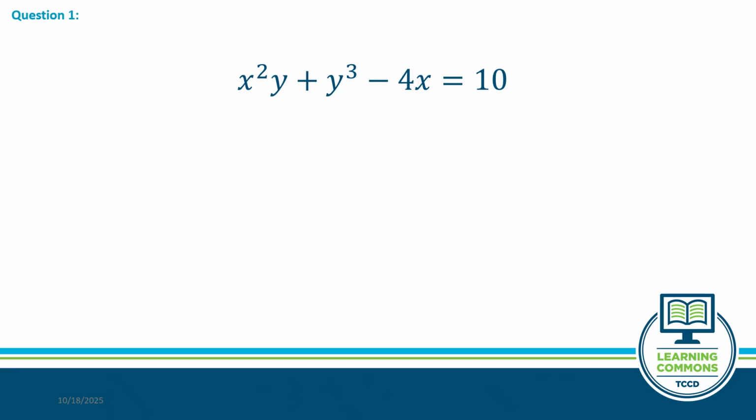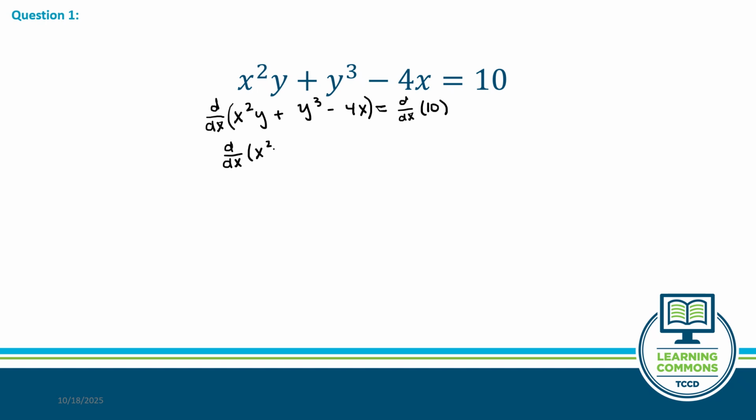Okay, let's do this first one. So we're going to start by just writing out d over dx of x squared y plus y cubed minus 4x equals d over dx of parentheses. I start out by just individually writing out d over dx for every piece.